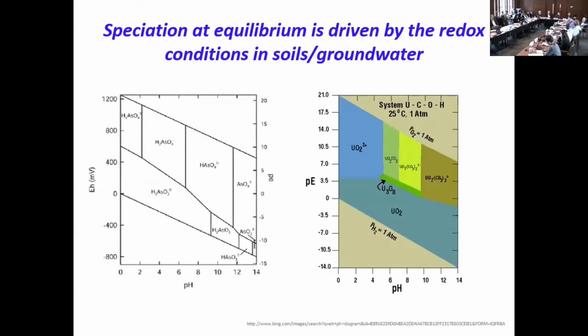Here is uranium, and I know Carl Stiefel and myself have worked a lot in uranium. Uranium is interesting. I'll explain it later too. As the pH changes, we go from this uranyl ion, which is positively charged, to negatively charged as the pH goes up.